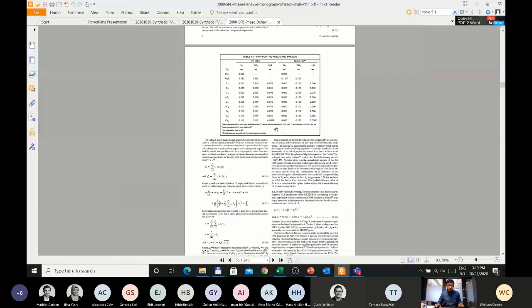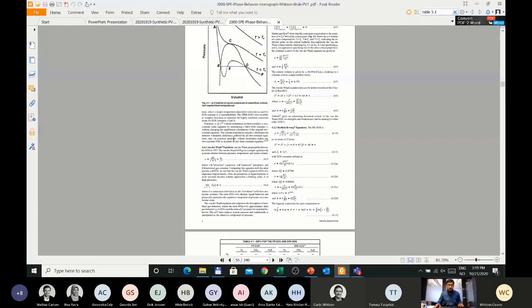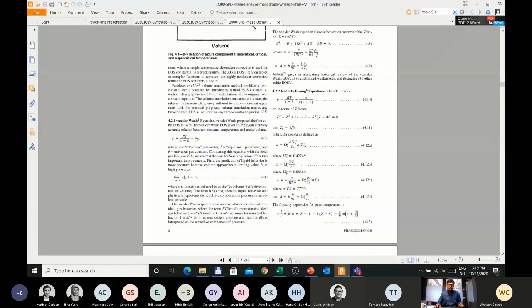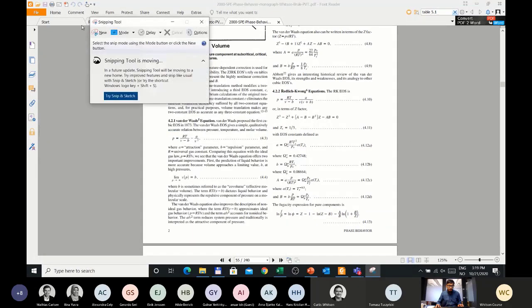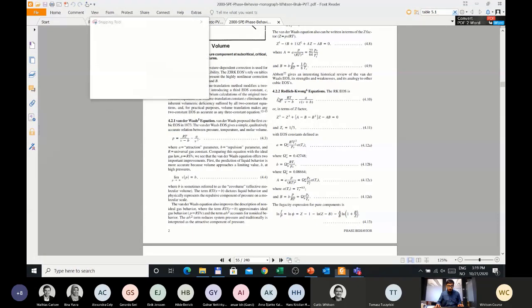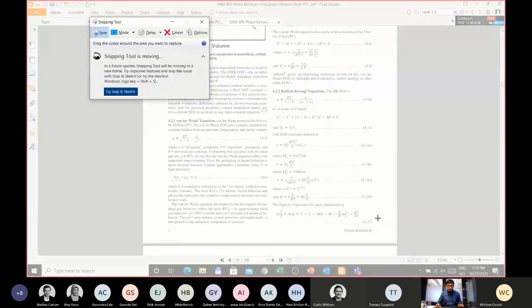Yeah. So we know that the Soave SRK equation of state and the Redlich-Kwong equation of state are essentially the same, and it's only the alpha correction that's different. So we just take a snapshot of the Redlich-Kwong equation of state. I hope I will be able to do that.